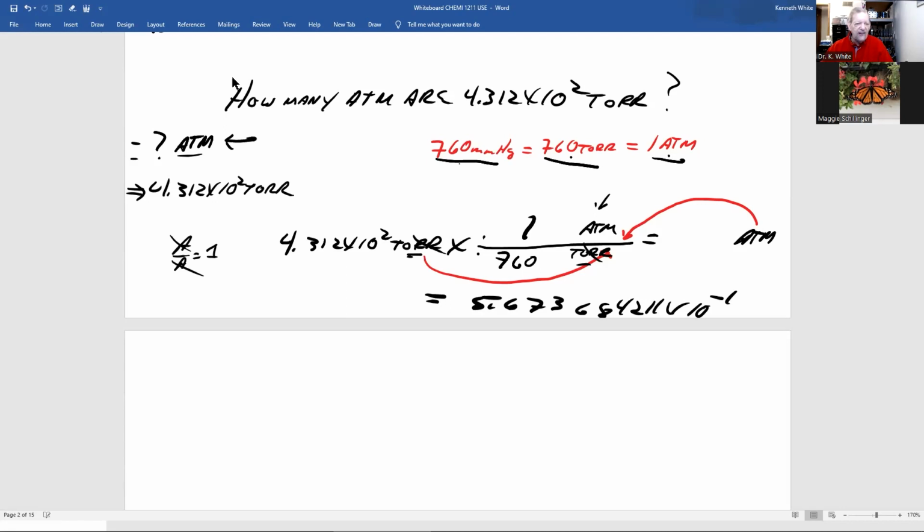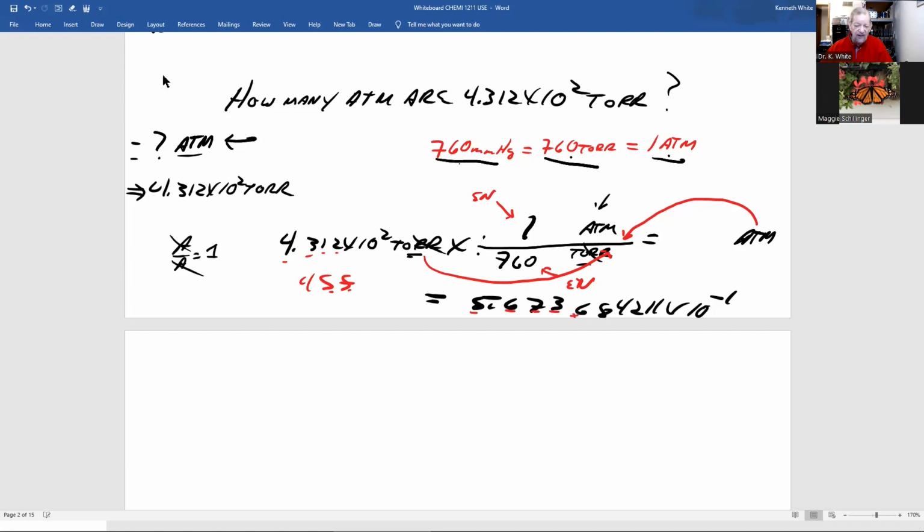Well, let's take a look at these numbers. All non-zero numbers are significant. 1, 2, 3, 4. 4 significant figures. 1 is an exact number. And 760 is an exact number. So my answer should have 4 significant figures. Keep the 5, keep the 6, keep the 7, keep the 3.